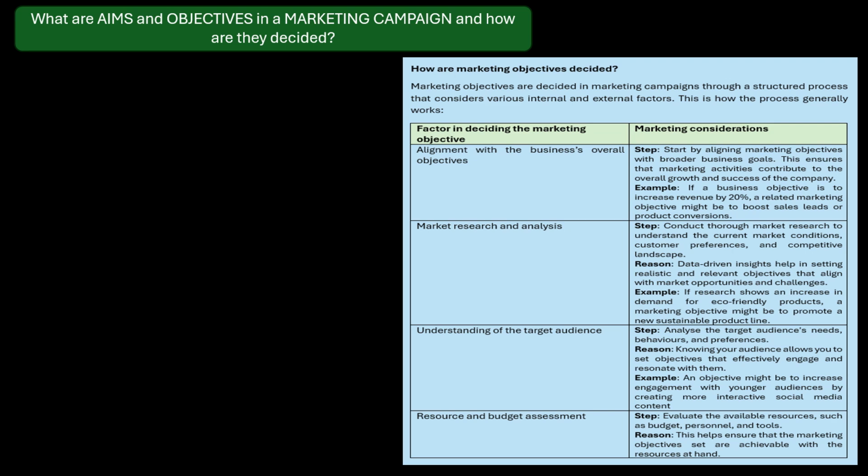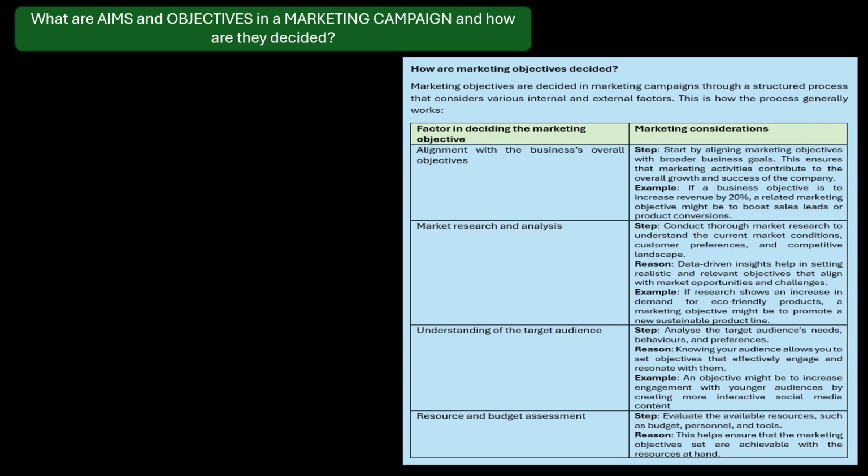Some of the factors could be that it must be considered in alignment with the business's overall objectives. For example, if a business objective is to increase revenue by 20%, a related marketing objective might be to boost sales, leads, or product conversions.